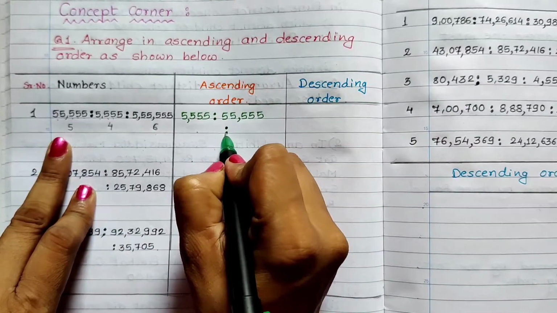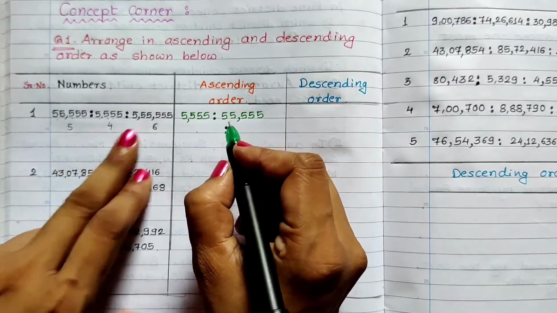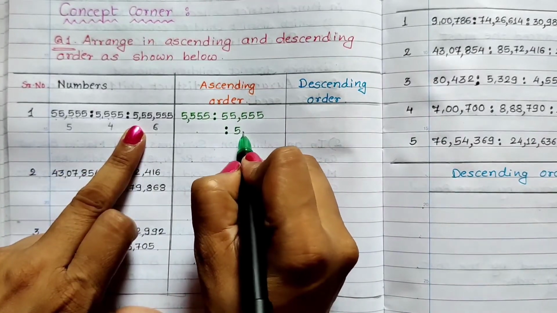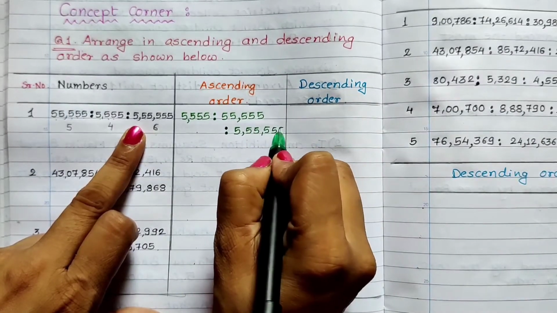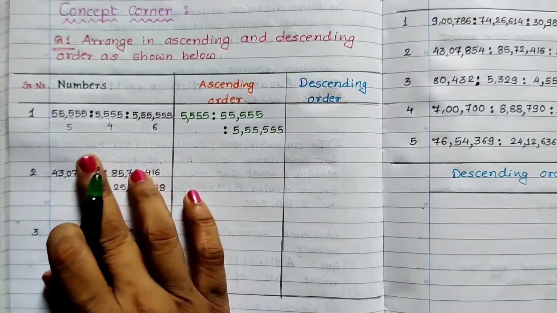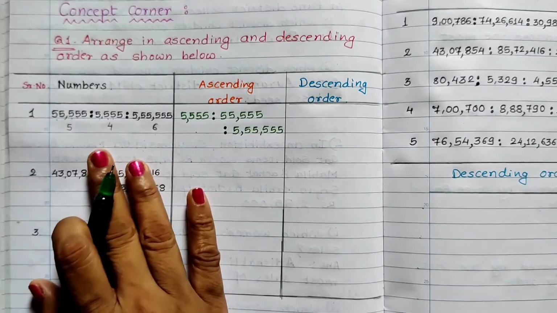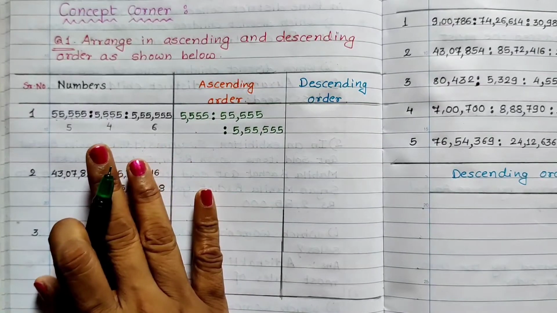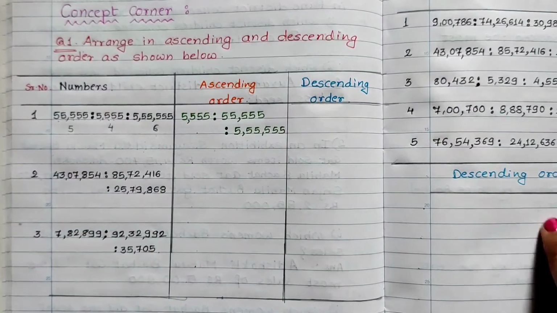I don't have the space over here, so I am writing the biggest number below. This is the biggest number. In this way I am writing. If you mark with a pencil which is the smallest and which is the biggest, or mark the number of digits over there, it will be easy to write the answer.